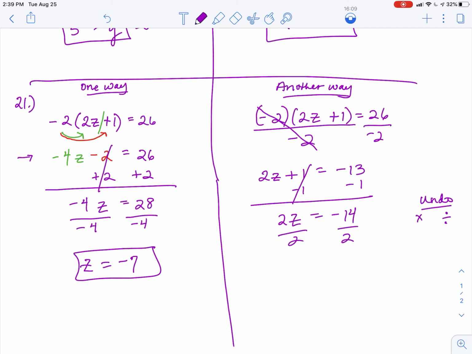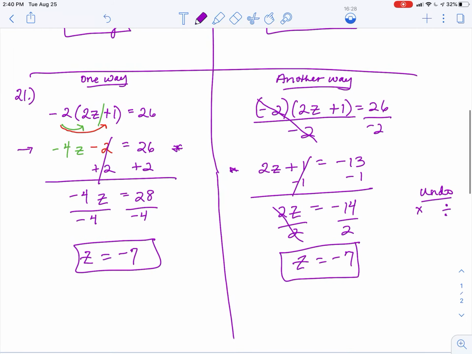And although my problems are looking very different, look up here and compare it to this step. My numbers are completely different, but that's because of the operation I chose to do first in each one of those being different. But look at the end, I end up with the same answer. That's number 21, and you can choose the way you like.